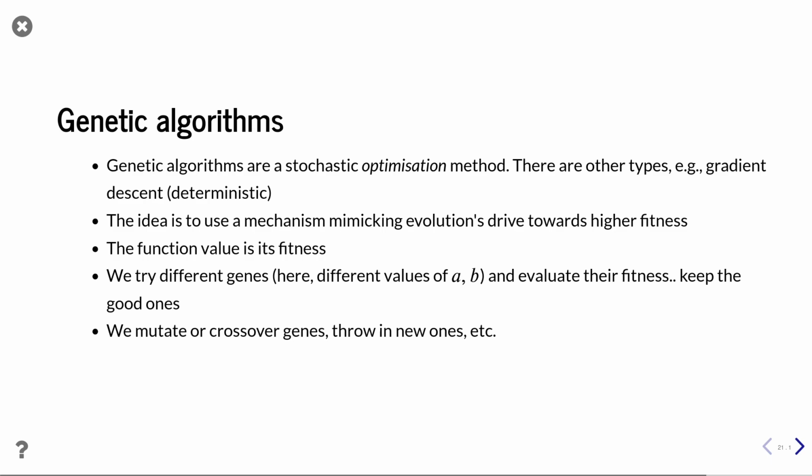A genetic algorithm is one optimization method, and it's called genetic algorithm because it mimics genetics. So the idea is to mimic the evolutionary side of genetics. The concept in genetics is that if you take a population, the natural tendency of a population is to move towards what is called a higher fitness.